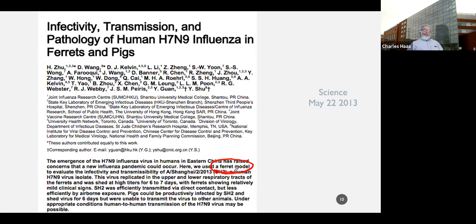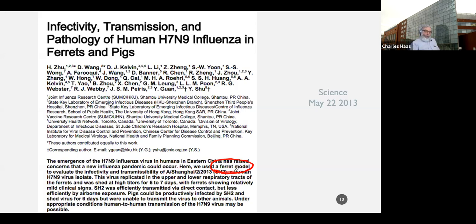they did one of two things. They had a second group of ferrets that were isolated from the first group. And they took the nasal secretions from the first group of ferrets who were infected and exposed the second group of ferrets to those.